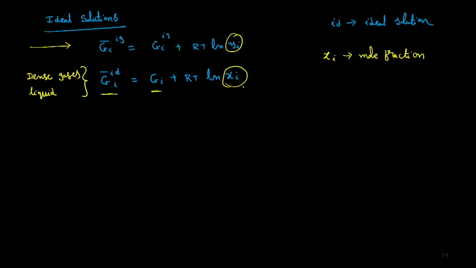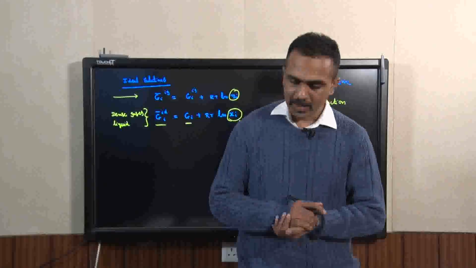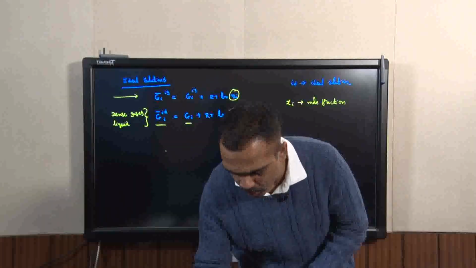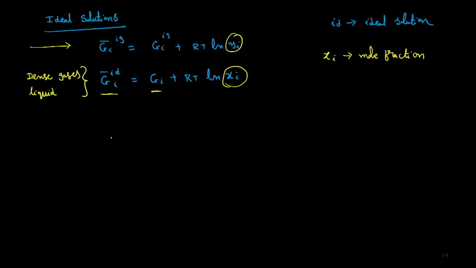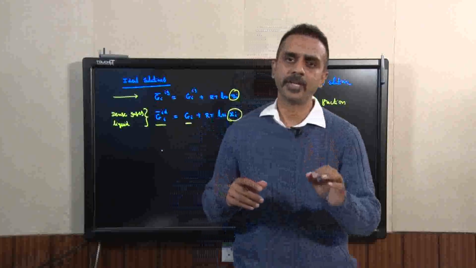Now, it serves well for dense gases, liquids, or even mixtures of solids, as long as we call them ideal solutions. And typically, it works well when the liquid mixtures have species that contain molecules of similar sizes and similar chemical nature.